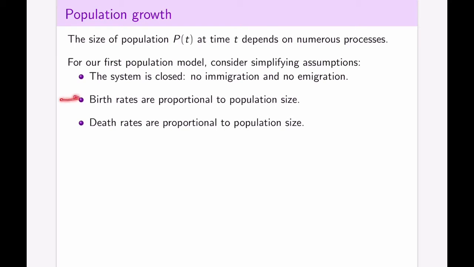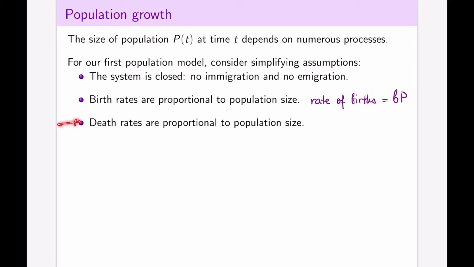We're also going to assume that birth rates are proportional to population size. So if my population is denoted by P, then I'm going to assume that the rate of births is equal to some constant b times the population size. So we're assuming some proportion of the population is actually giving birth to other humans or other species, I suppose.